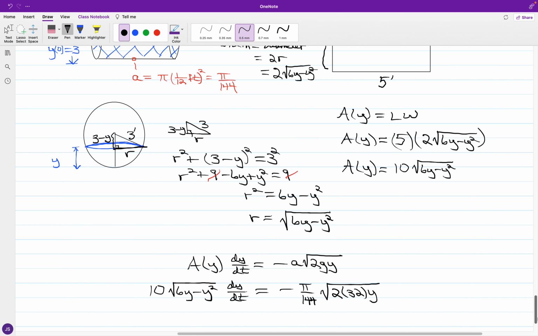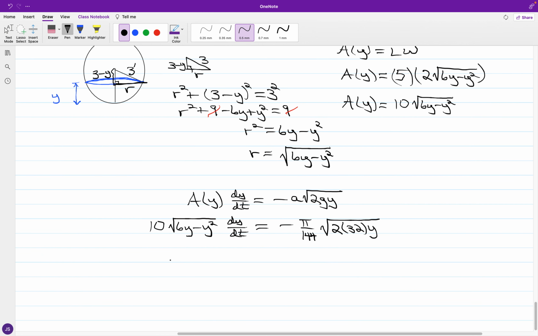and following through, we got 10 times the square root of 6y minus y squared dy over dt, and I can simplify what I have on the right, because you have again square root of 64 is 8 over 144 would be 1/18, so we would have negative pi over 18 times the square root of y.